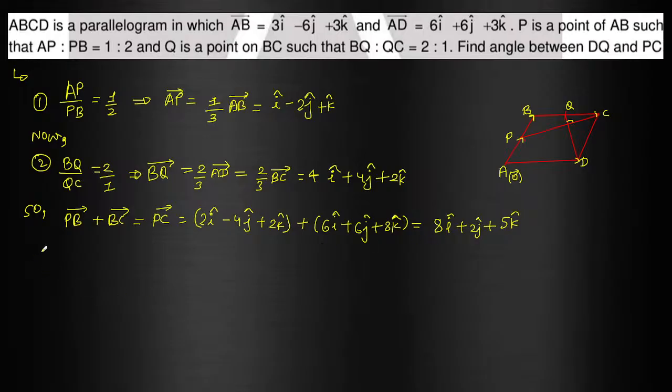Okay. Now we have to find DQ vector. So AD vector plus DQ vector, this sum, we will get this vector. Okay, now wait.